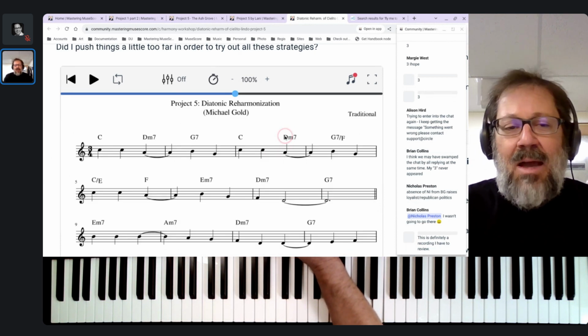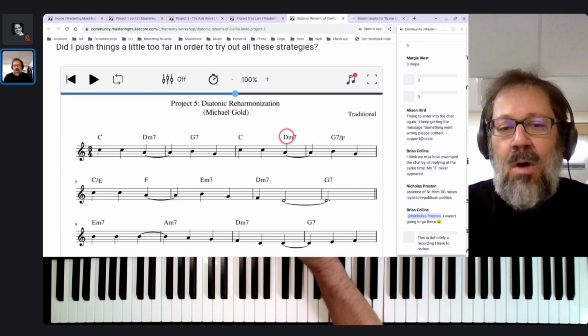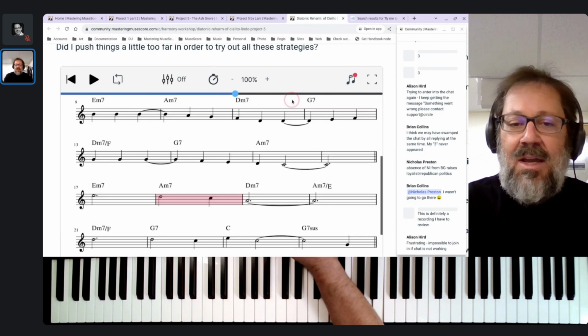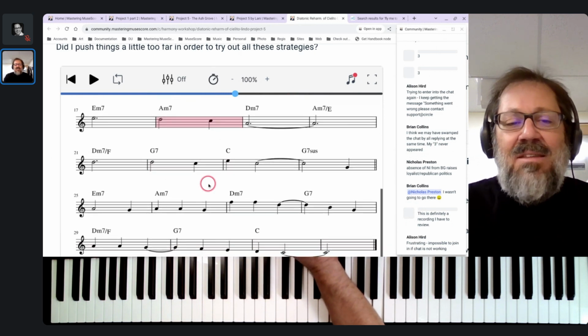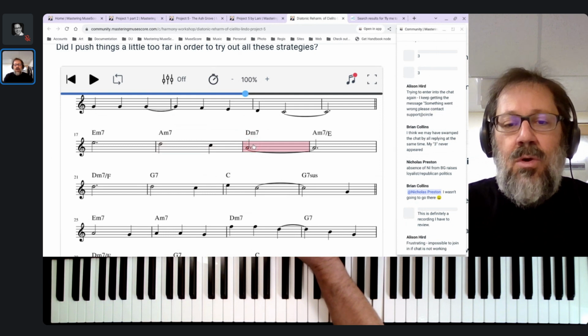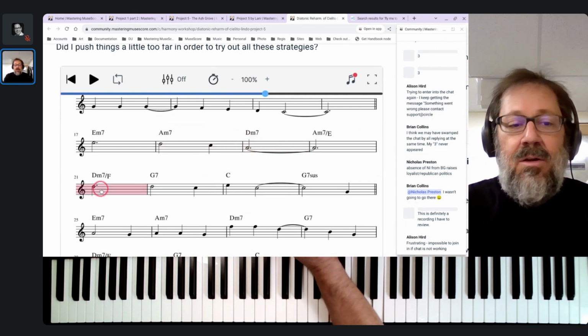Actually, I don't know if I made that clear, but that's how I would do it. I would make the second one. I'd state it diatonically first, then put in the secondary dominant. I'm feeling that same thing here. So I feel like I would put in the minor 2 chord here, and then 2 bars later, let it be the dominant one.